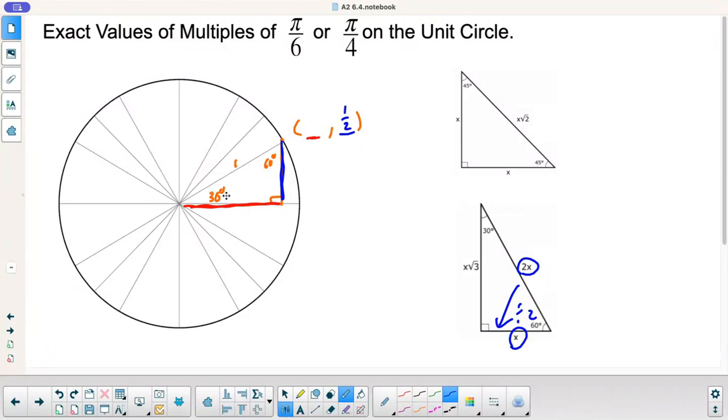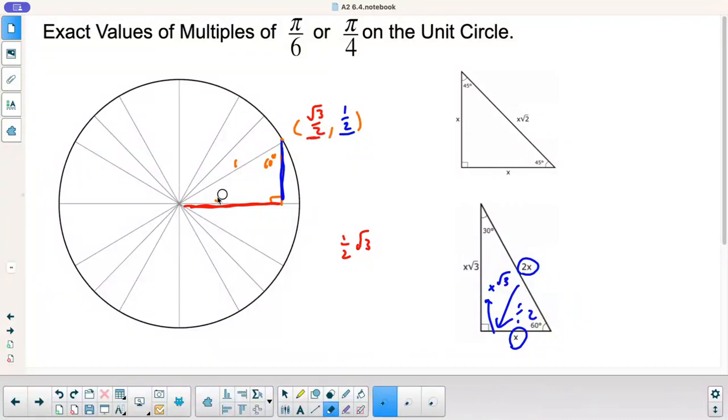If I want to find the long leg, once I know that short leg, I'm going to multiply that by radical 3. So it's going to be 1/2 times the square root of 3, which is just going to be radical 3 over 2. Okay, so now we can get some exact values for, really, it's 30 degrees, but it's really pi over 6, essentially. Okay, let's go to the next one. Let's go to the 45.